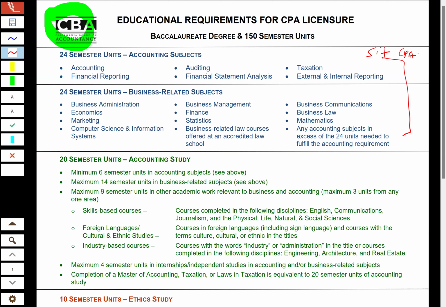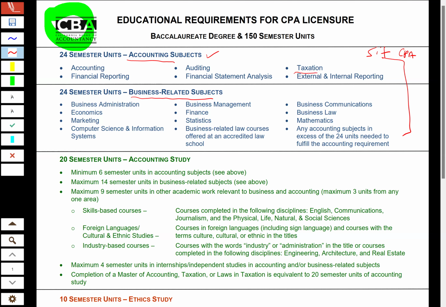And as you can see, you have to have completed 24 units of accounting subjects, 24 units of business subjects. Classes like the one that you've had, Introduction to Accounting, the basics would count as an accounting subject. Also, classes that have any of these words. Let's say you decided to take a tax class.